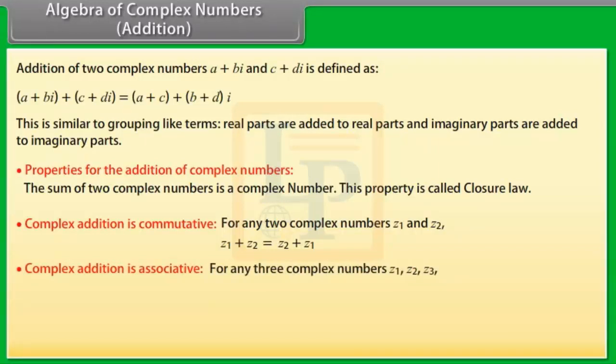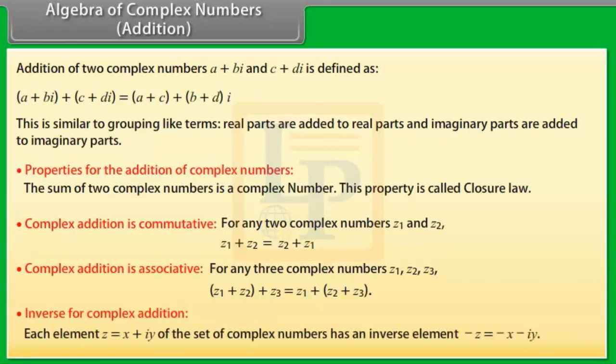For any three complex numbers z1, z2, z3, z1 plus z2 plus z3 is equal to z1 plus z2 plus z3. Inverse of complex addition. Each element z is equal to x plus iota y of the set of complex numbers has an inverse element. Minus z is equal to minus x minus iota y.